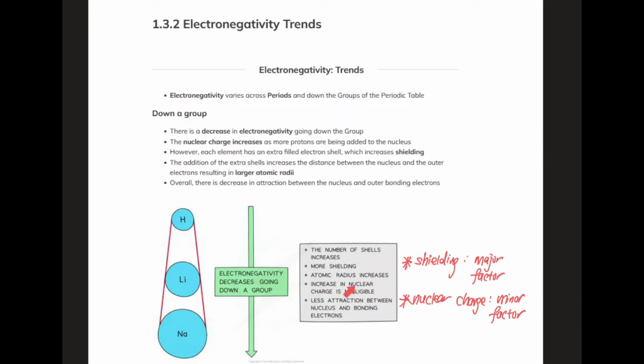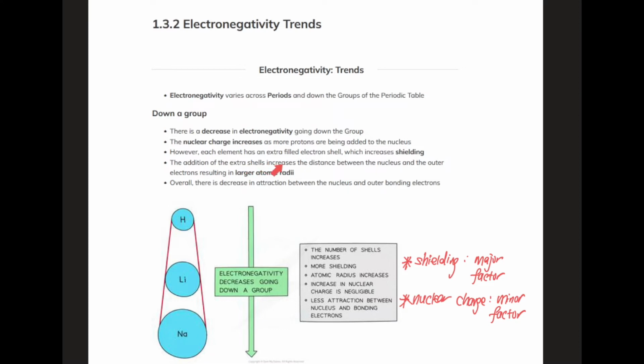There are more and more protons, but don't forget, nuclear charge is the minor factor. However, each element has an extra filled electron shell, which increases shielding. Shielding is the major effect. The shielding here makes repulsion of electrons greater rather than attraction.